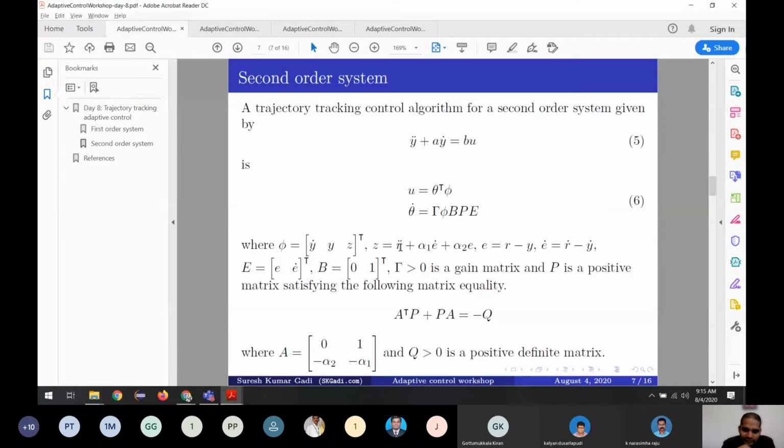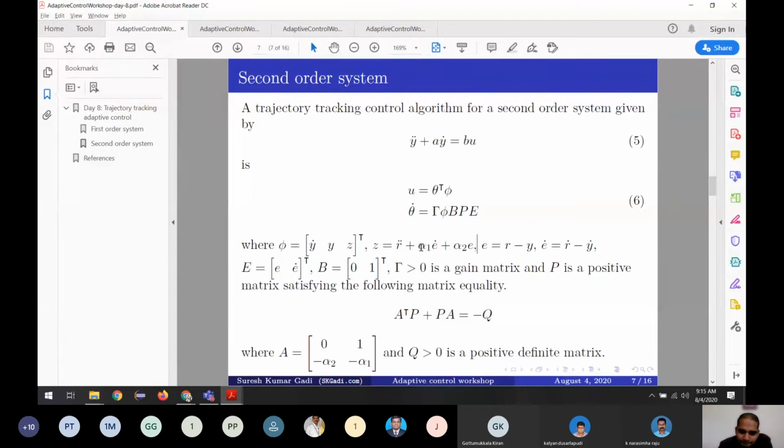What is r? The reference. If you know the reference, you have to do a single differentiation and a second derivative. So r should be continuous, and r dot and r double dot should also be continuous in this case. Only then can we make sure this algorithm works. Otherwise this value will go to infinity. So to keep it finite, r and r dot should have finite values.